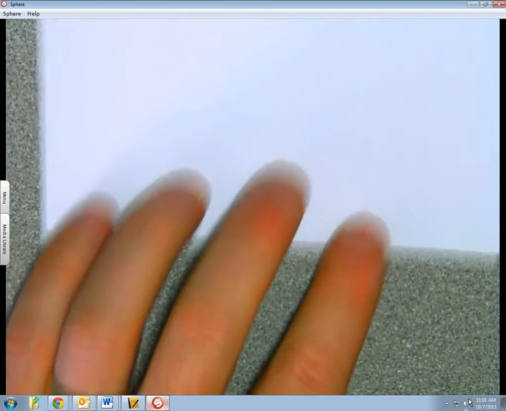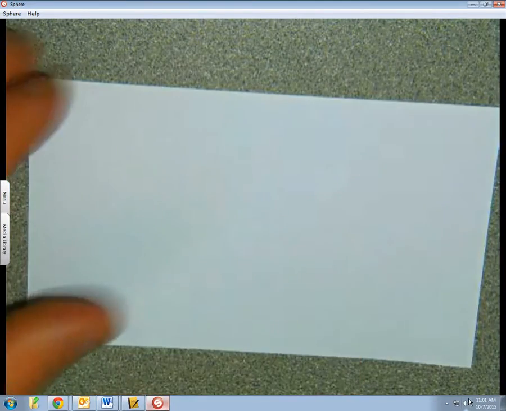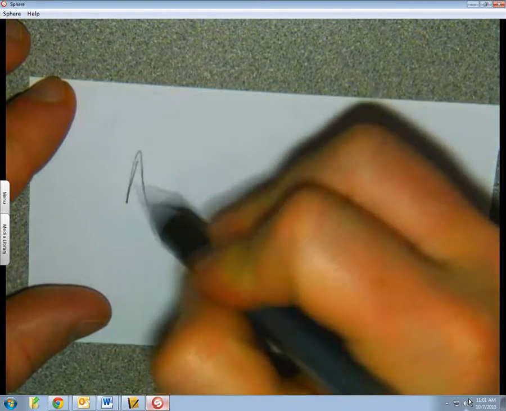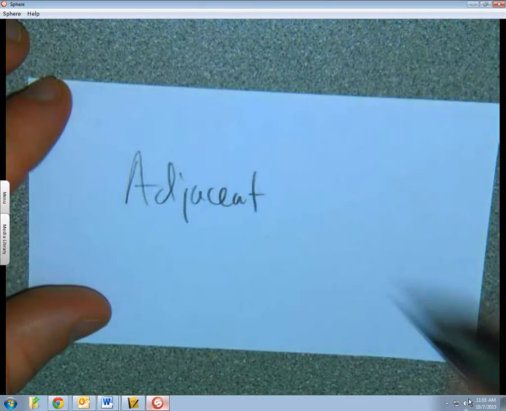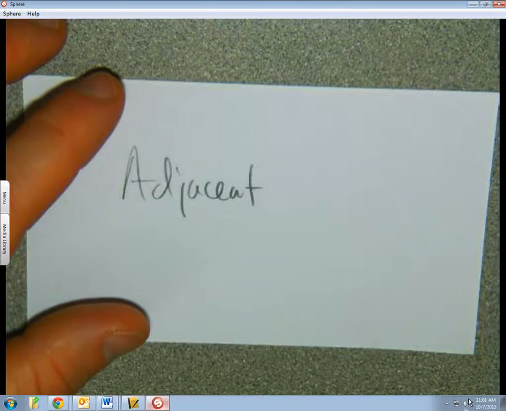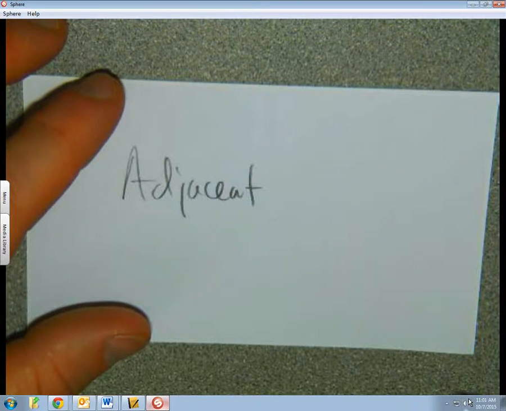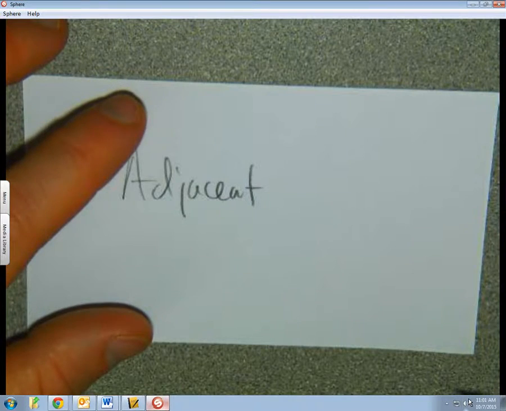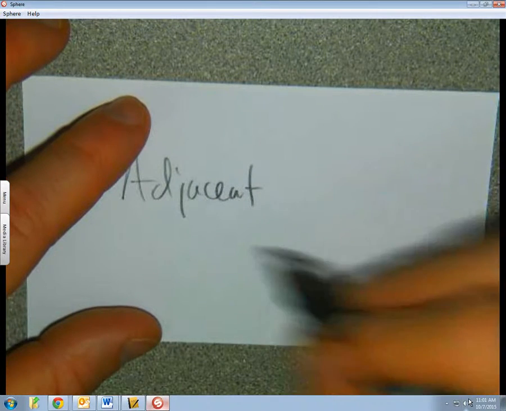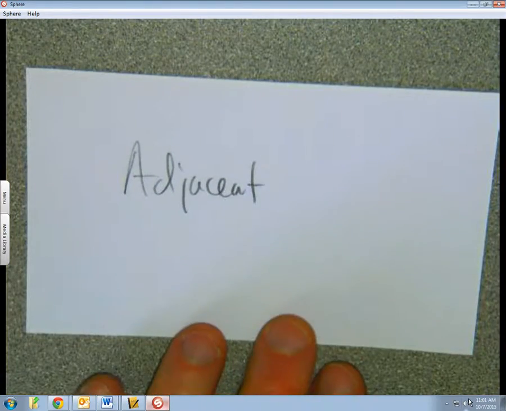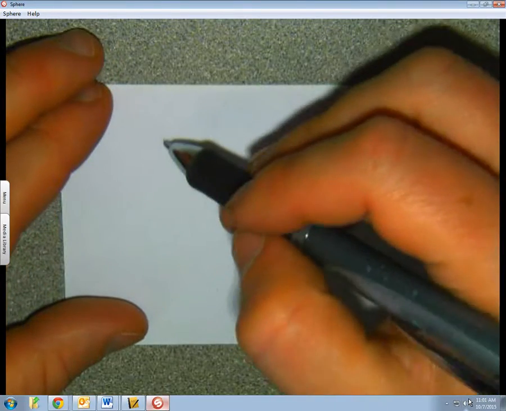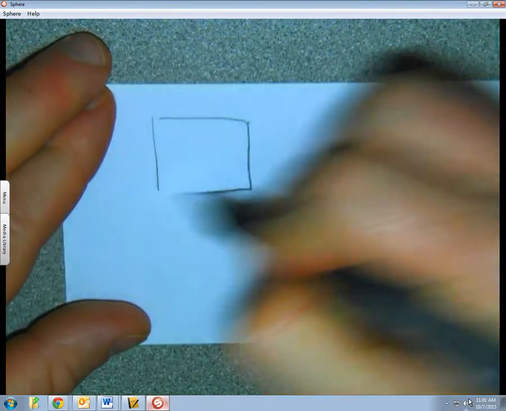Okay, adjacent is a good math word. And we'll have sides and vertices. So adjacent, the best way to think about adjacent, I'm just going to keep this pretty general, is like, let's say we have 4 people at a table group.